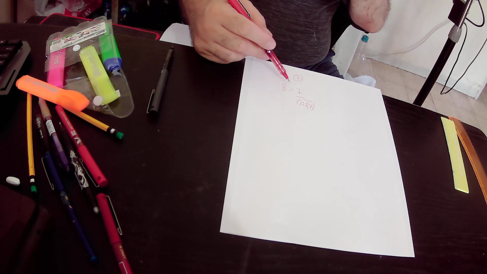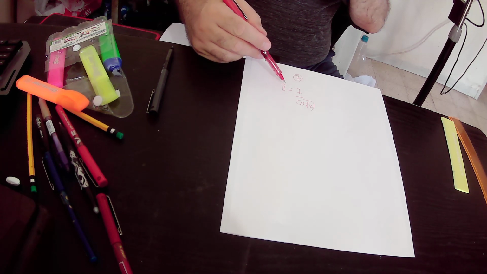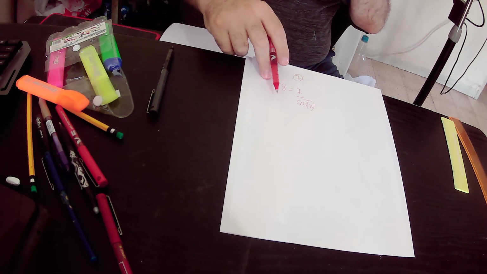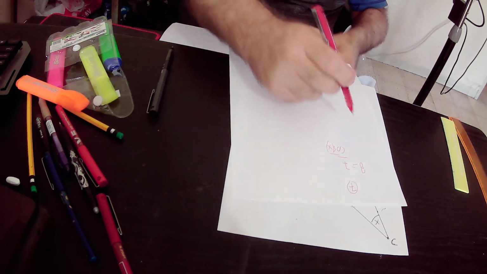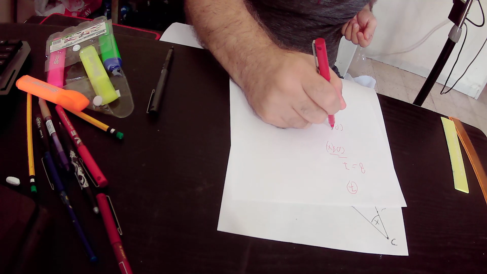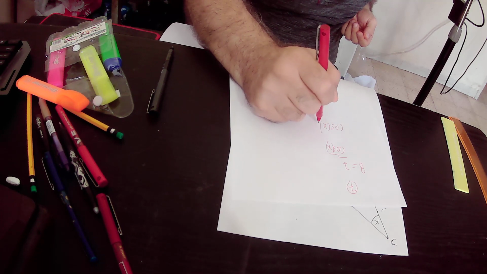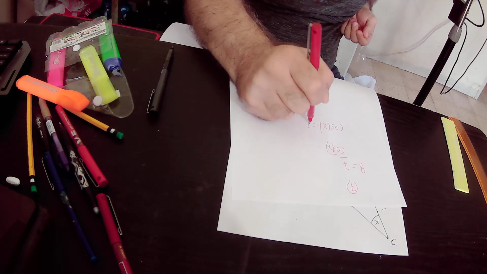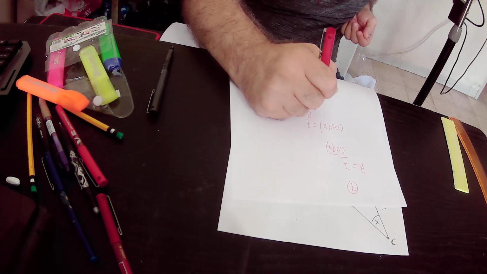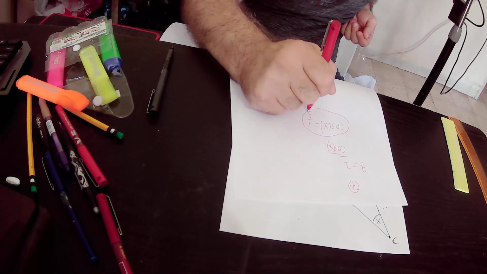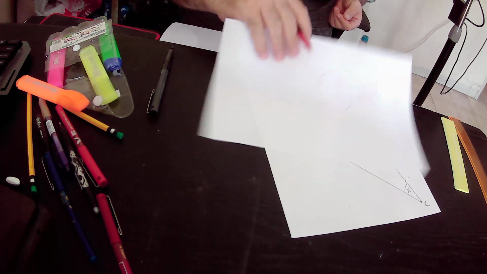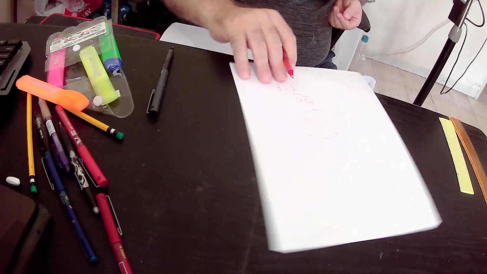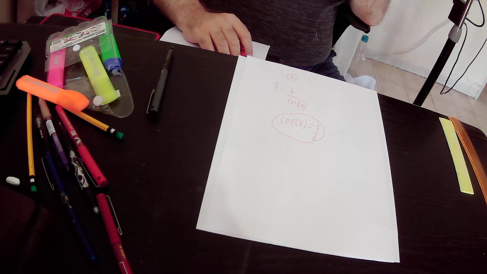Here we will multiply this equality by cosine x, and then we will divide it by 8, and we will get that cosine x equals 7 over 8. So we found out that cosine x equals 7 over 8.